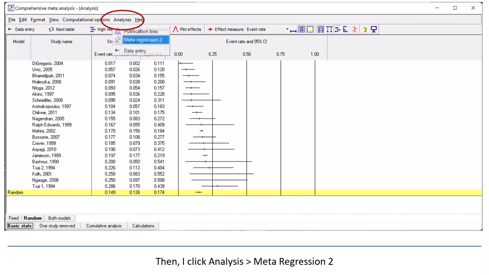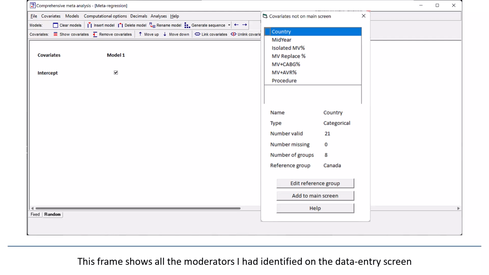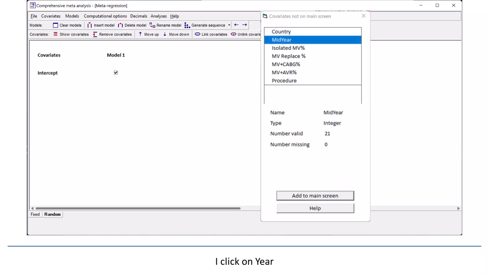Then I click Analysis, Meta-Regression 2. This frame shows all the moderators I had identified on the data entry screen. Note that these include both continuous and categorical moderators, since both can be used in a meta-regression. I click on Year. I click Add to Main Screen.